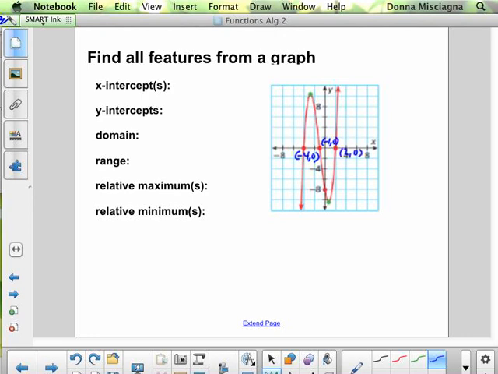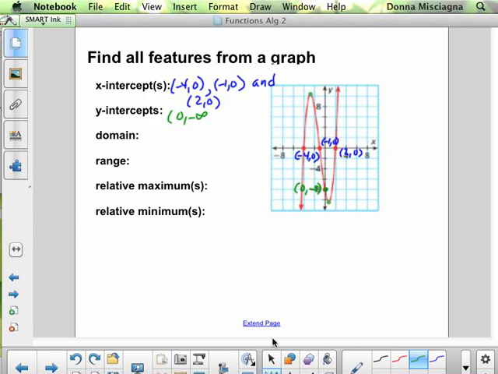So those are the x-intercepts. We have one y-intercept, and of course that's all we can have for a function, and it's right here. So that's the point 0, -8.